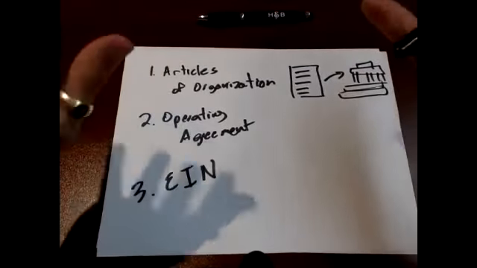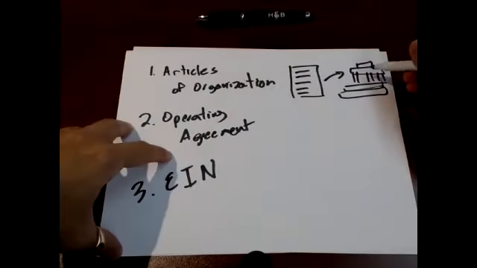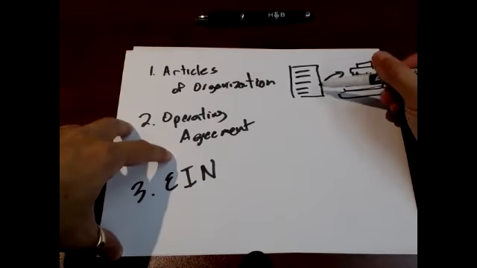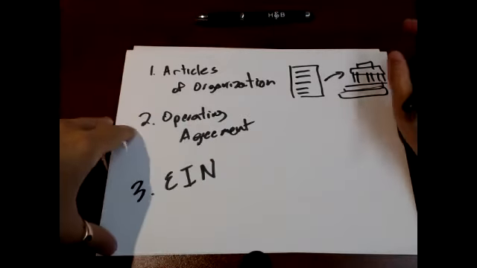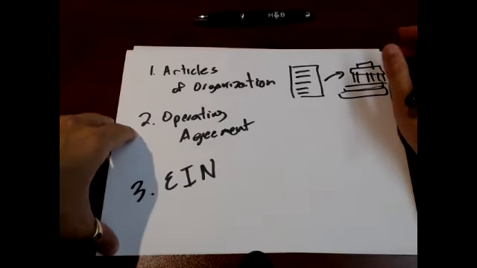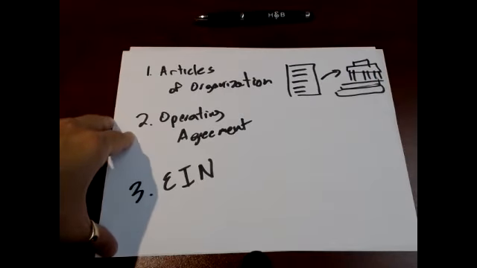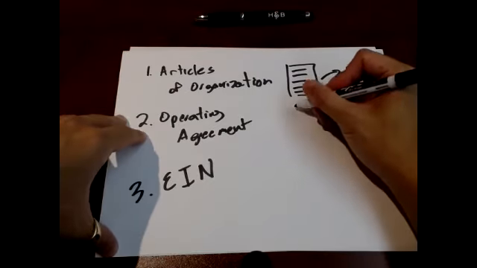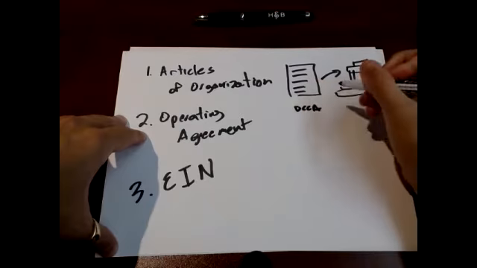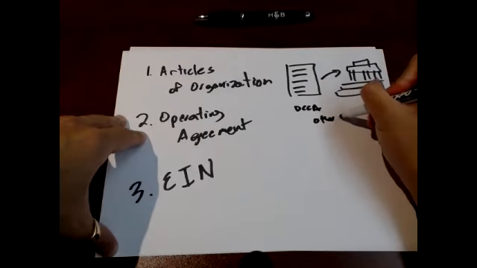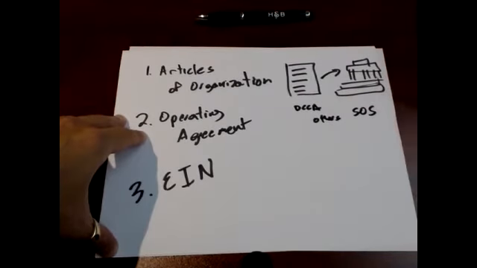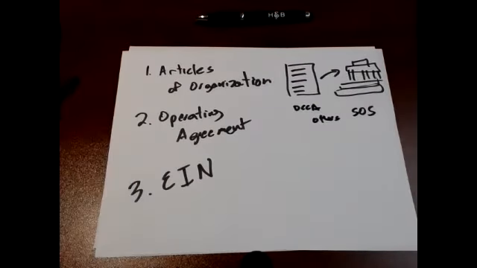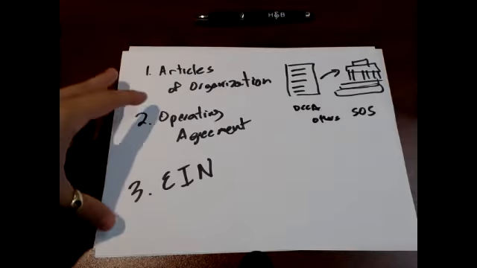I know it's kind of weird, those officious government-looking buildings, but you'll take the articles and file them. Here in Hawaii, we use the Department of Commerce and Consumer Affairs. A lot of other states use the Secretary of State. So Hawaii is a DCCA. Other states use the Secretary of State. But you take your articles, you register it, and that's your LLC being registered with the state.